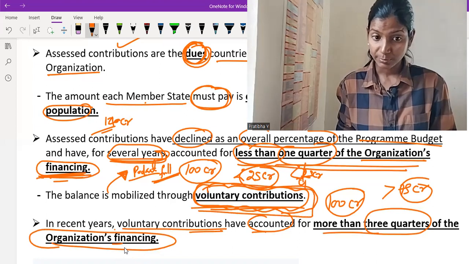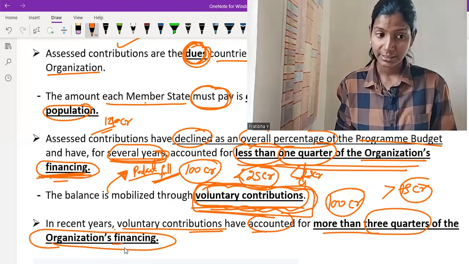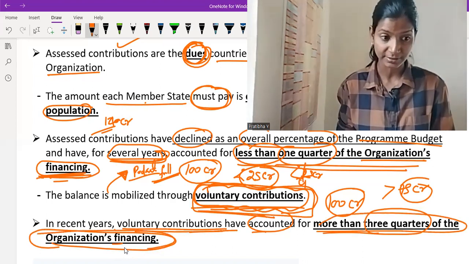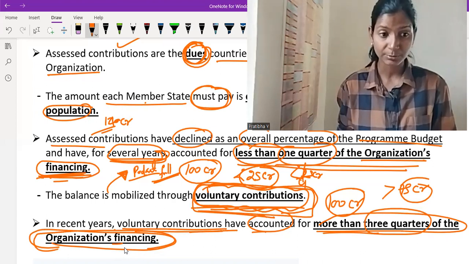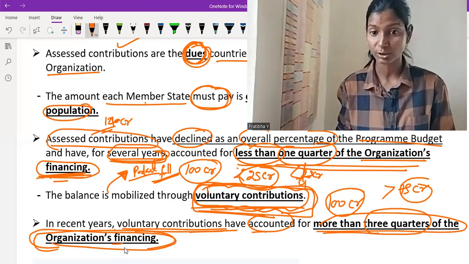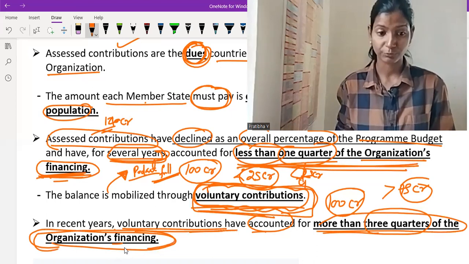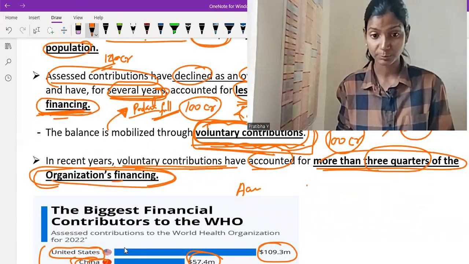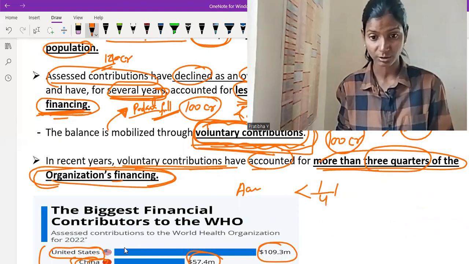Voluntary contribution is made to the organization, and in recent years voluntary contributions accounted for more than three-quarters of the organization's financing, and assessed contributions accounted for less than one-quarter. So, very important: assessed contributions are less than one-quarter of the financial budget, and voluntary contributions more than three-fourths.